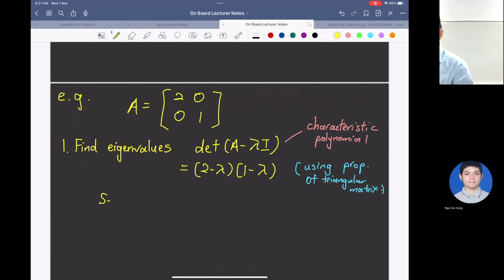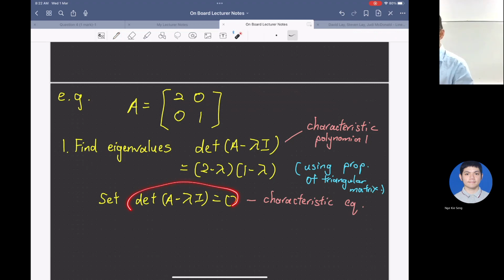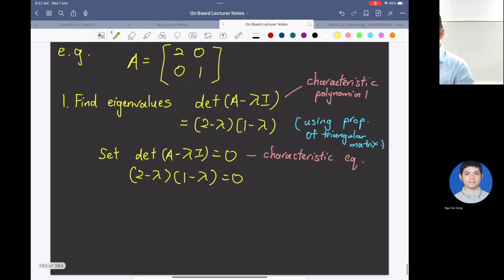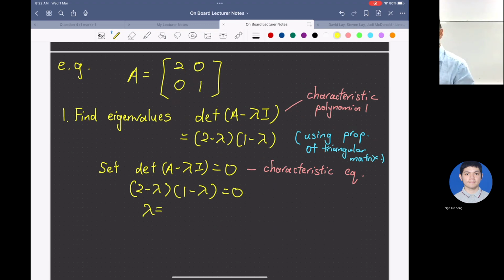Setting the determinant of A minus lambda I to 0 is what we call the characteristic equation, because we have the equation here already. So we want to solve for the equation.